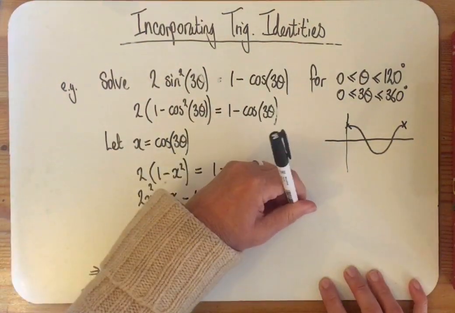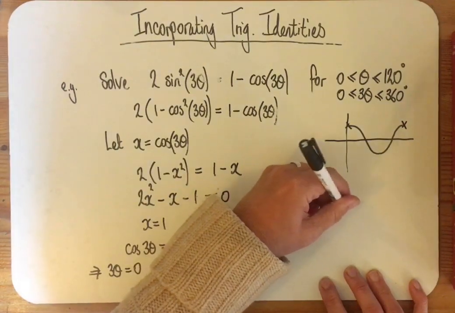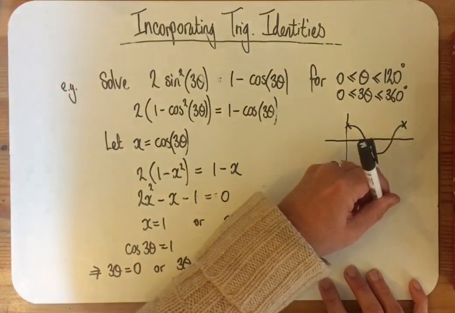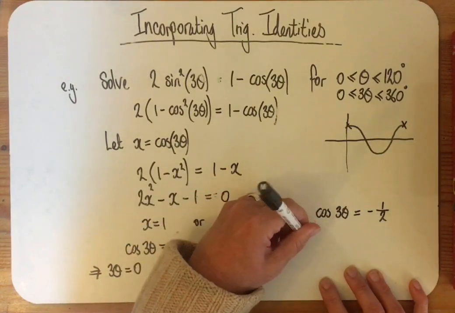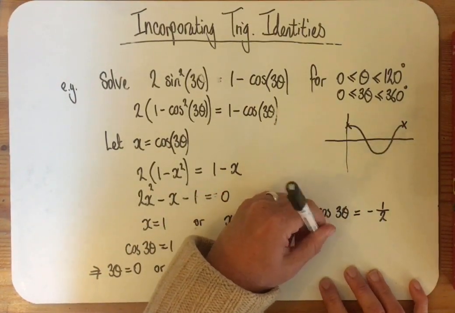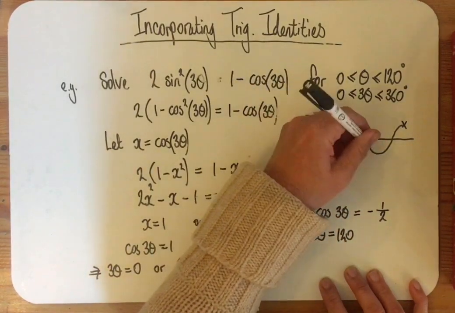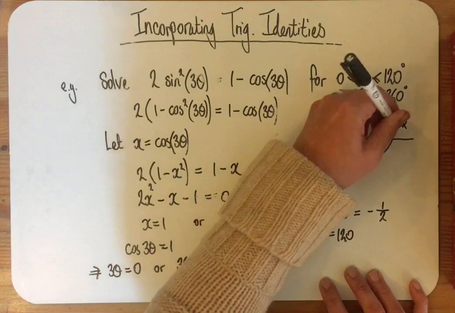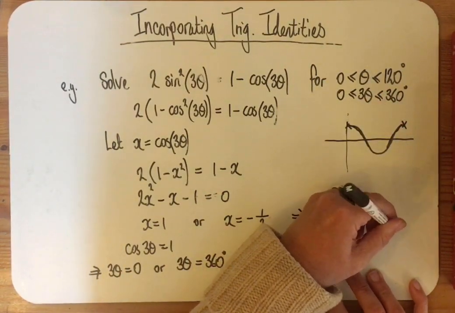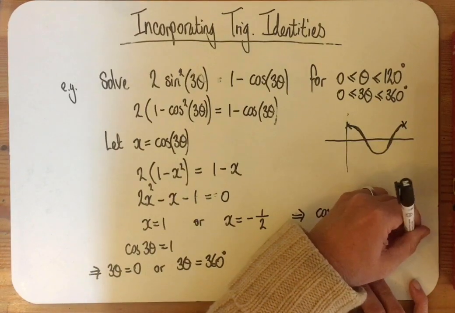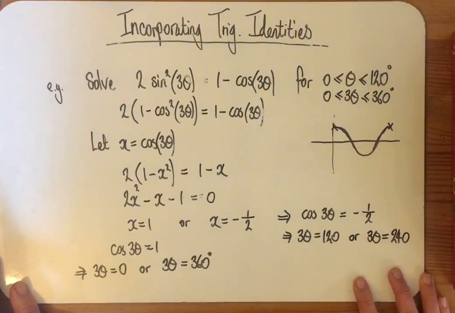And x equals minus a half gives me cos 3 theta equals minus a half. And so from your calculator, 3 theta equals 120. So 120 forwards, 120 back. 3 theta equals 240.